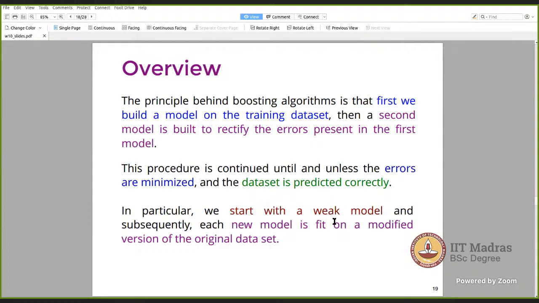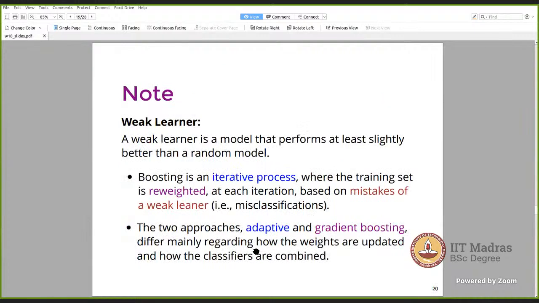Each model is fit on a modified version of the original data set. That's what I was speaking about. What kind of modification do we make in the original data set? That is in terms of weights. That's all, but the data is the same. A weak learner performs a little better than a random one.